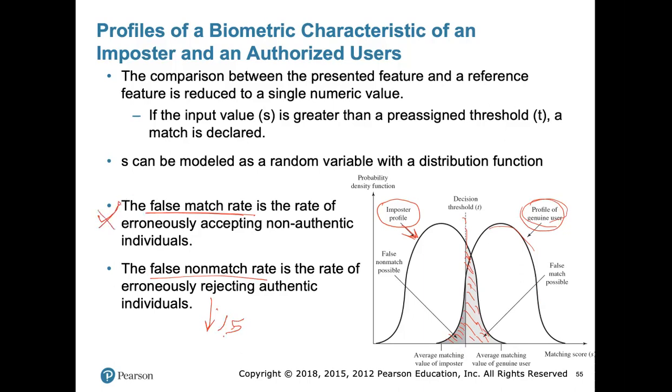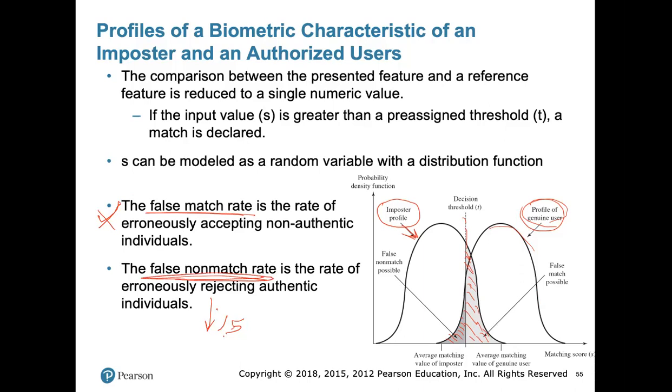This may happen to you: you want to enter a building with your fingerprint. You put it the first time, it doesn't let you. You put it the second time, it lets you. You are authentic, you are legit, you have the permission to use that room, but the first time you fell in this category, false non-match rate.